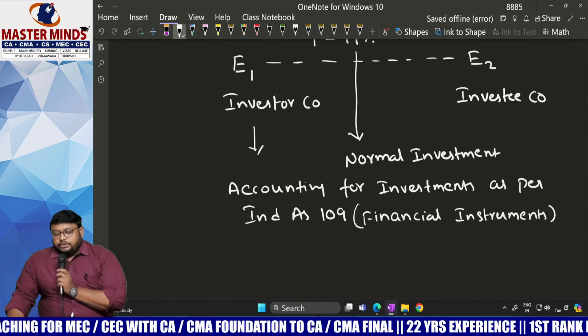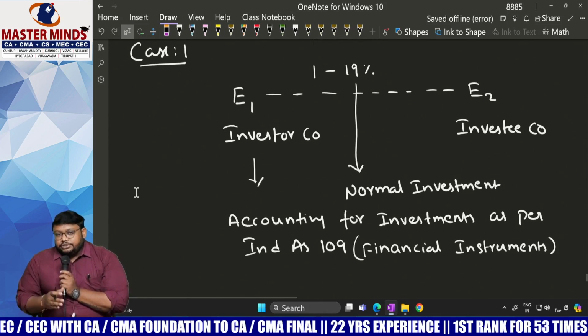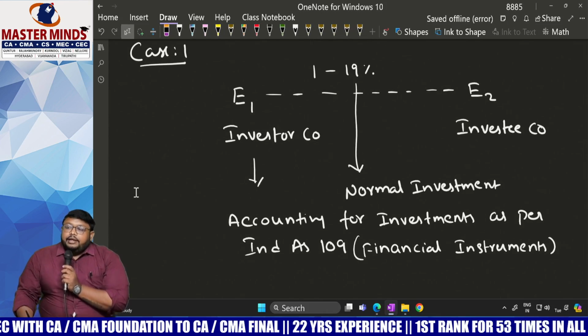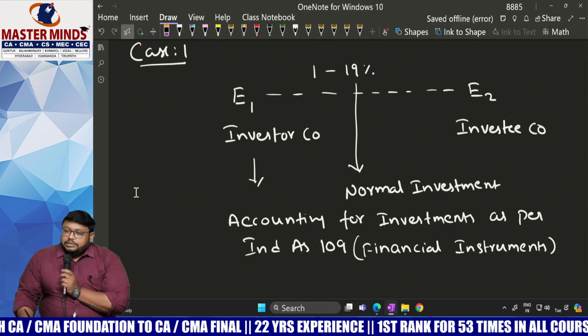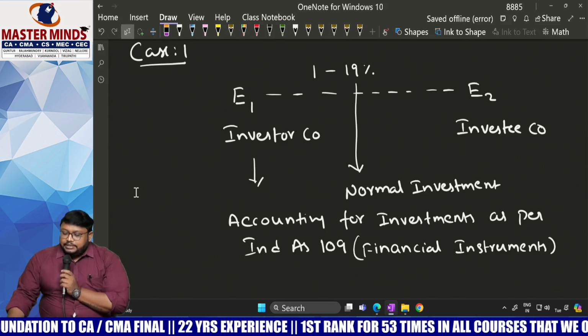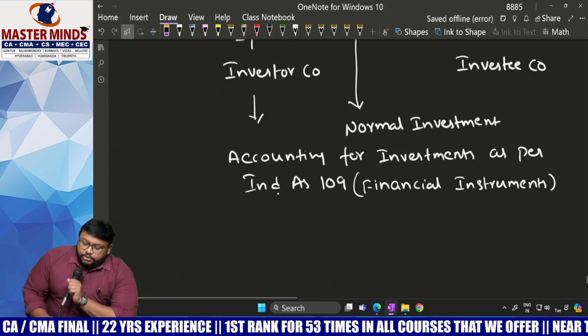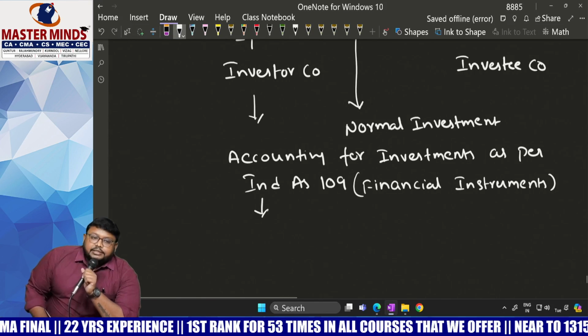Okay. So when we are making a normal investment, meaning the size is 1 to 19 percentage, in such a condition, we have to apply the rules of Ind AS 109, that is accounting for financial instruments. So Ind AS 109 will apply. Here, no need to prepare consolidated financial statements.